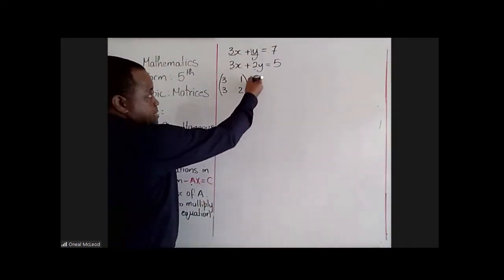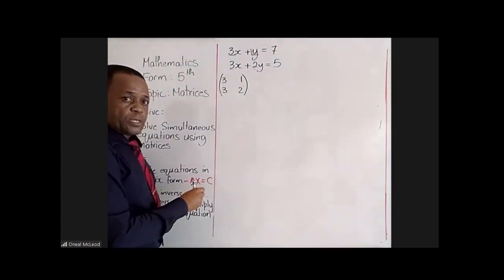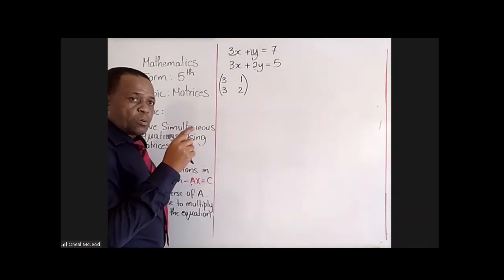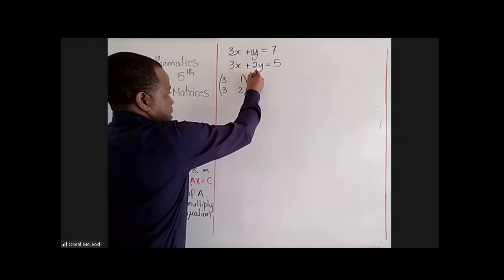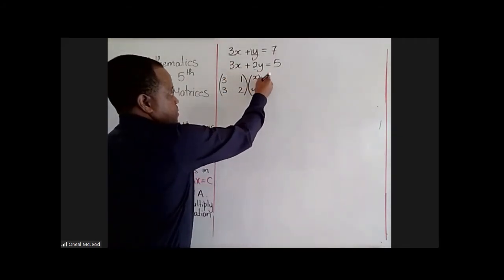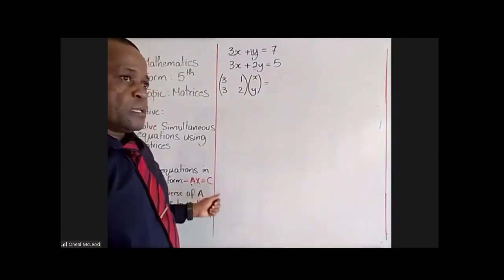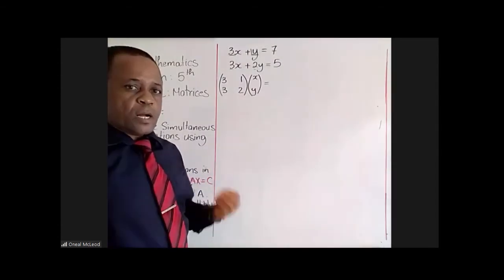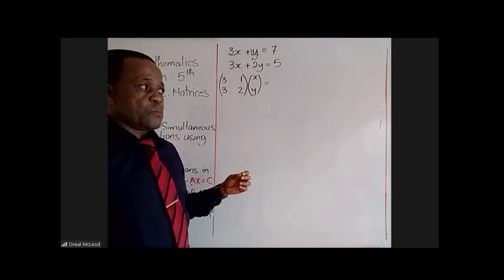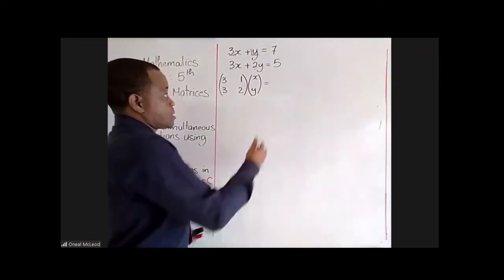Let's now write down our x. Remember that our x matrix is going to be our variables, which would be x and y. And this is now equal to the matrix C, which is going to be our constant terms up there.